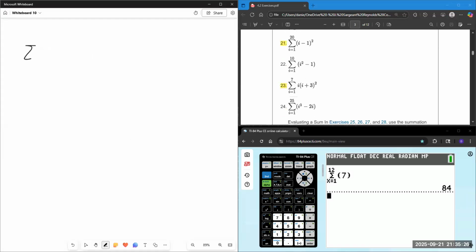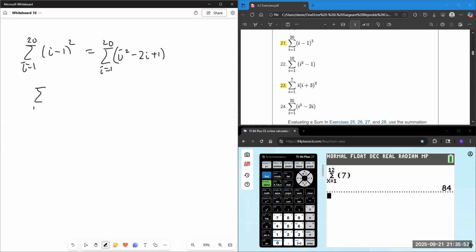21 says i equals 1 to 20 of i minus 1 quantity squared, which is i equals 1 to 20 of i squared minus 2i plus 1.